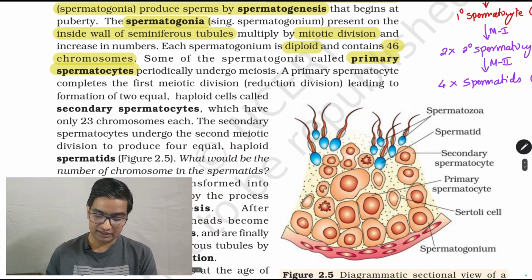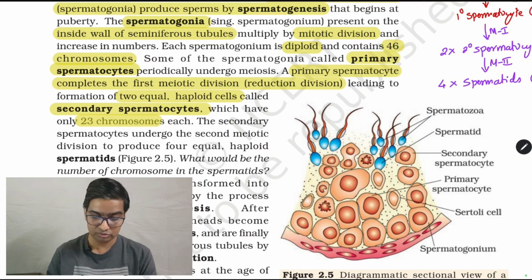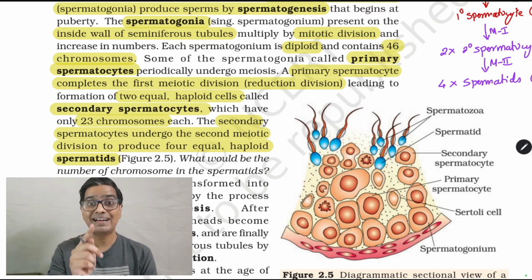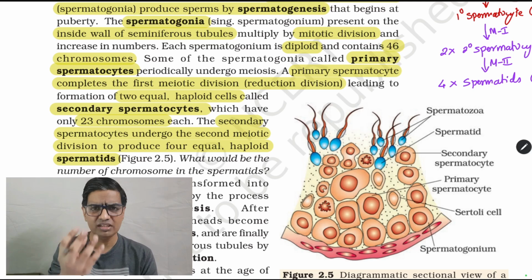What I just explained is this: the primary spermatocyte completes the first meiotic division, leading to formation of 2 equal haploid cells called secondary spermatocytes, so 23 chromosomes, and then the secondary spermatocyte undergoes the second meiotic division to produce 4 equal haploid spermatids. The spermatids are not sperms, they don't look like sperms, they are more spherical, they have a big nucleus.